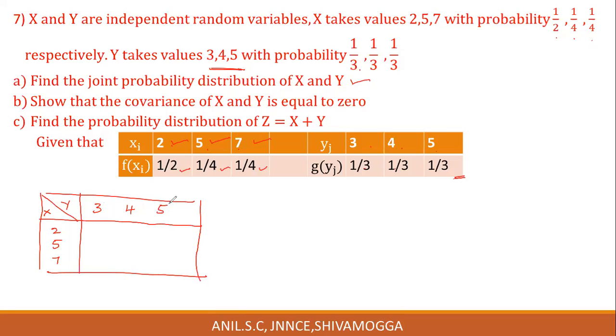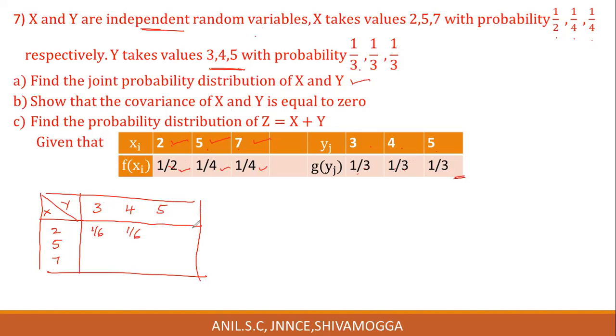It is given that X and Y are independent random variables. Therefore, 1/2 into 1/3 is J11, that is 1/6.